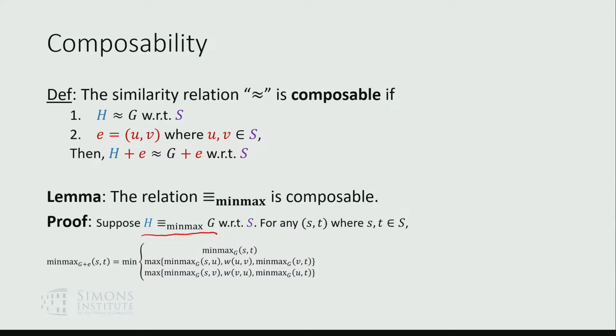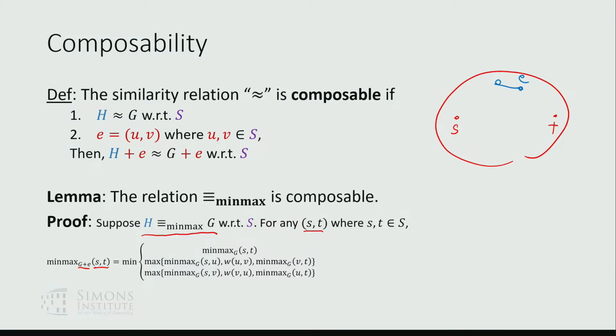Well, if you look at any pair S, T, the min-max in the graph G plus e from S to T, what can it be? Well, you have a graph with S and T, and then you add some edge e here. After adding an edge, the min-max path might not change.